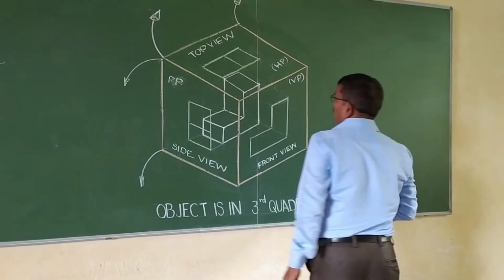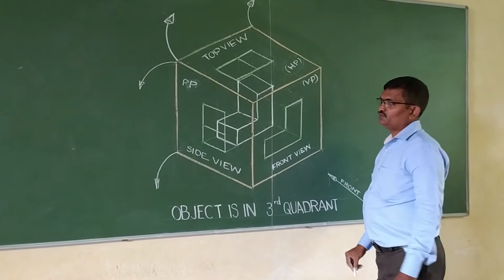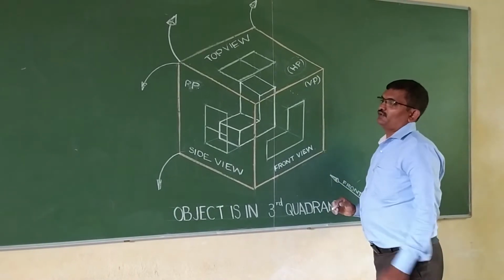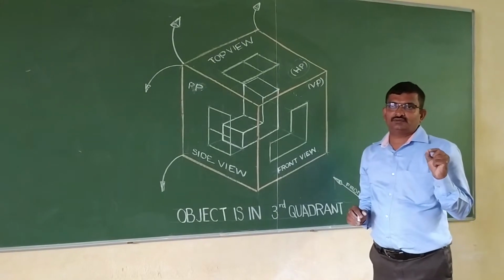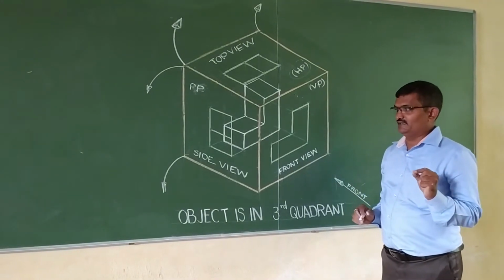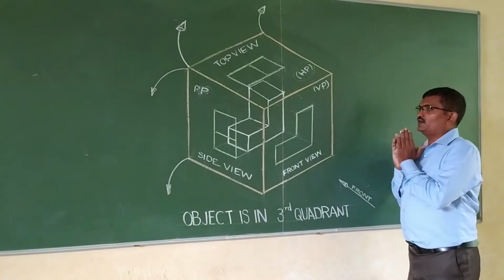When observing the top view, it is the horizontal plane. There are three planes and the object is in the third quadrant. Another principle of third angle projection is that the plane is always in between the observer and the object.